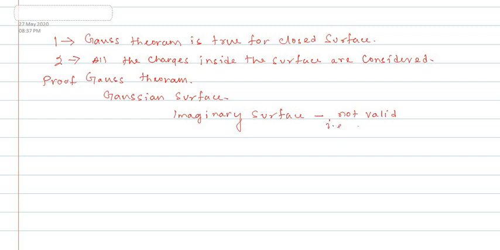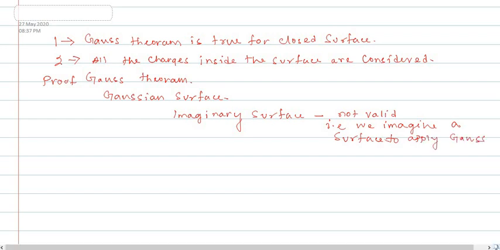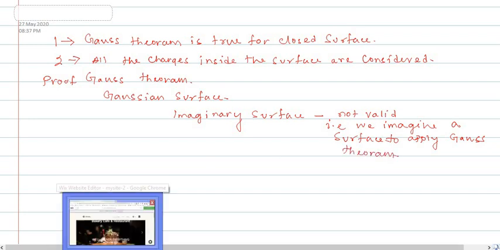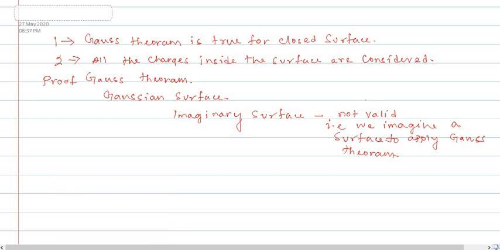That is, we imagine a surface to apply Gauss theorem. So this surface is not real.